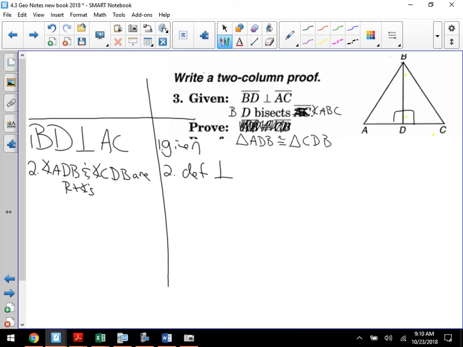Now, after you state you have right angles, just like we did in the proof prior to this, we have to say what about those two right angles? Very good. They're congruent. All right angles congruent.